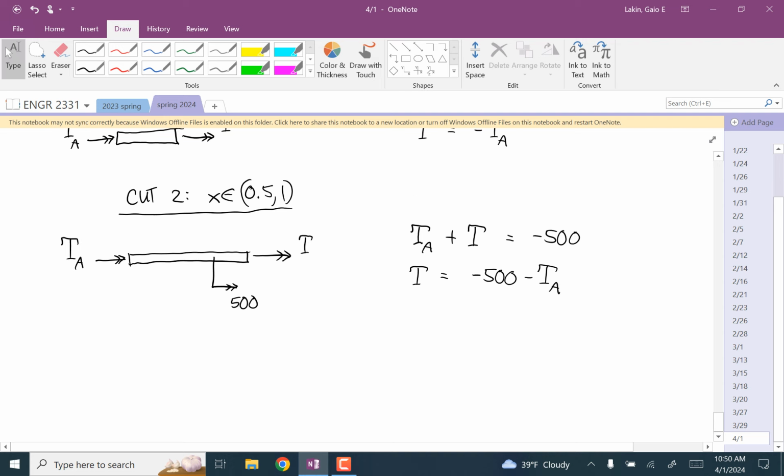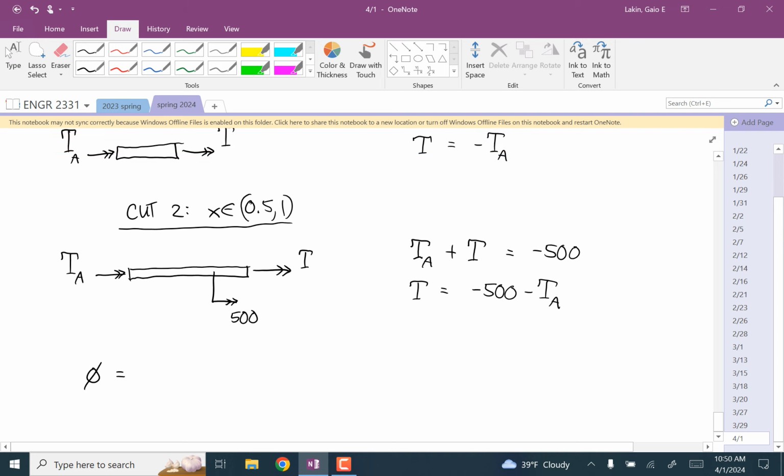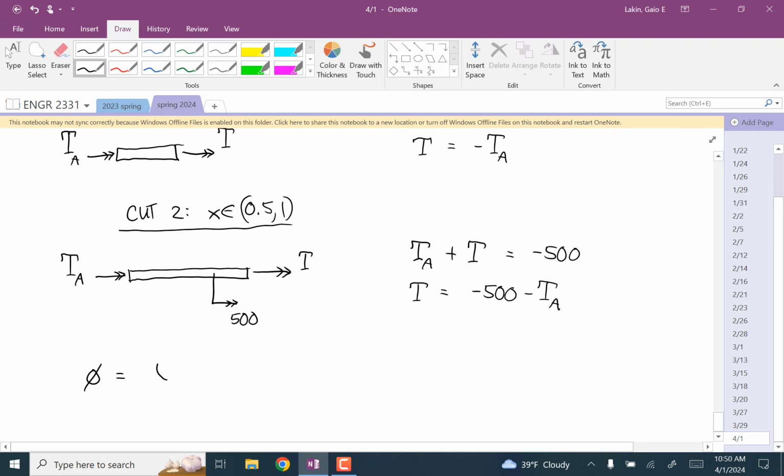Okay, so now the total angle of twist is the angle of twist from the first piece, that's negative TA times 0.5 divided by G I sub P. I'll just leave those like this because they're all going to cancel, we'll see.